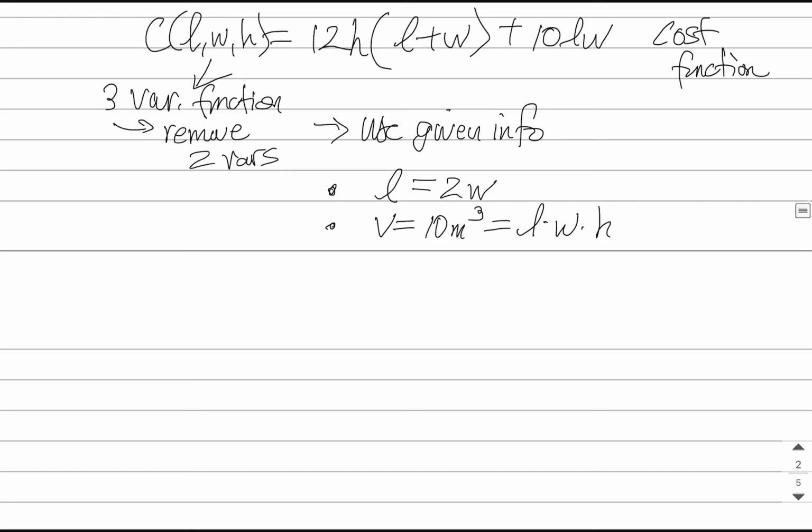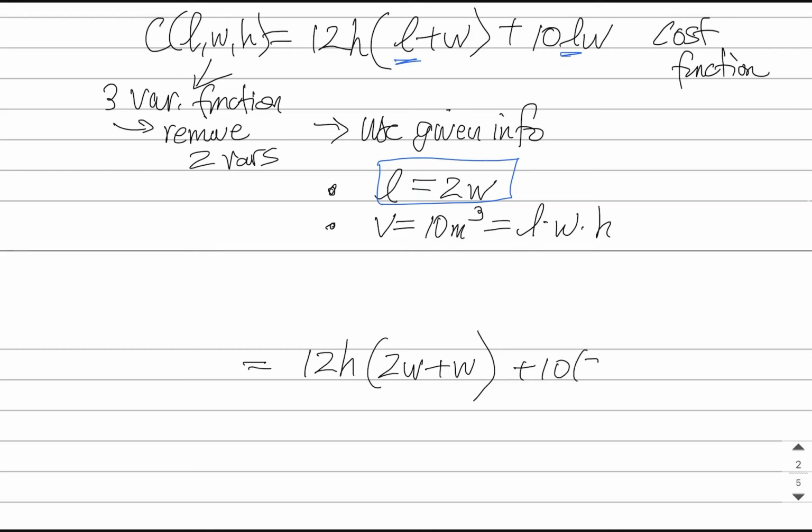So that means what we're going to do is put all of this information in. The most straightforward thing to do at the beginning is to substitute that expression for L. So we'll get a 2W plus a W in there, 10 times 2W times another W. So we'll end up getting 3 W's from here. 3 times 12 is 36 WH plus 20 W squared.